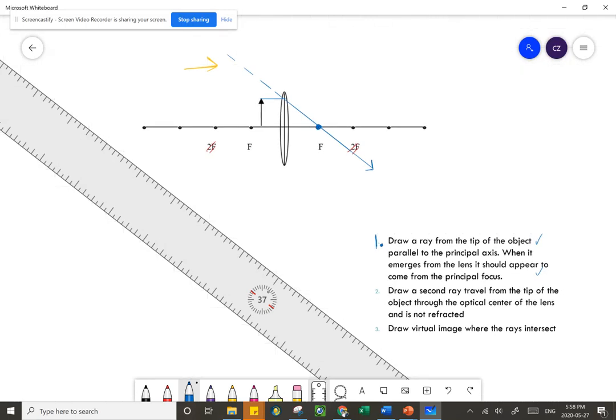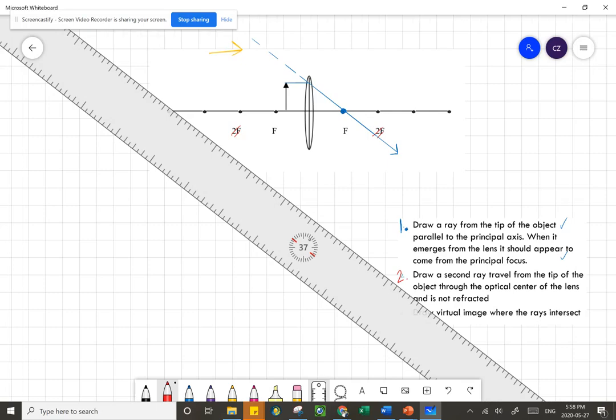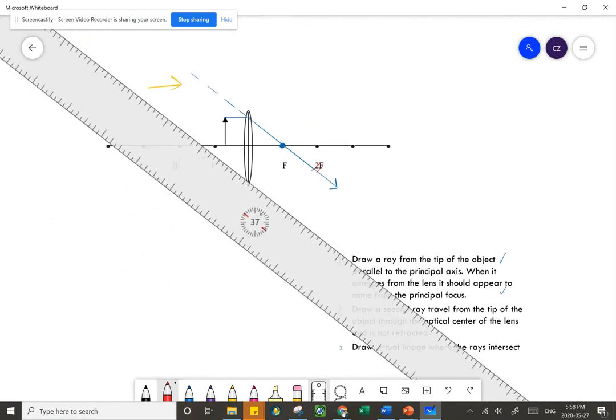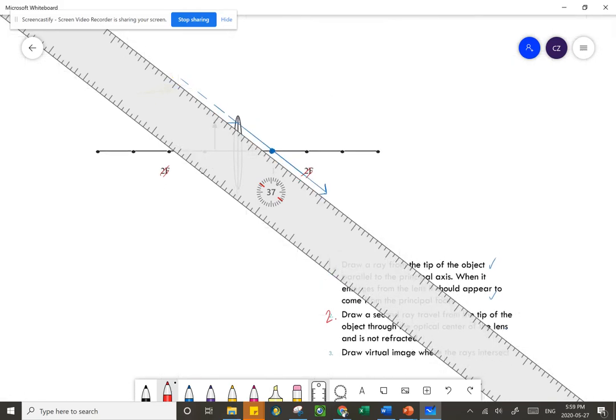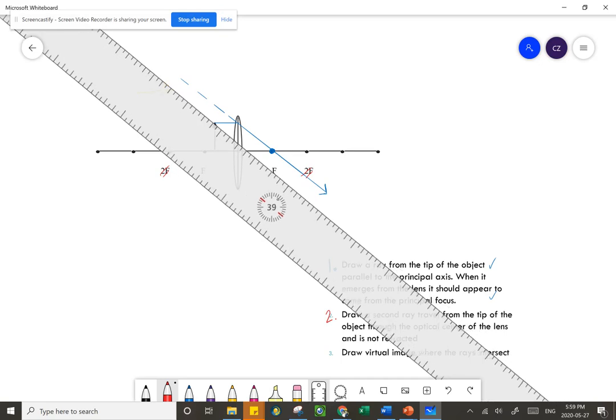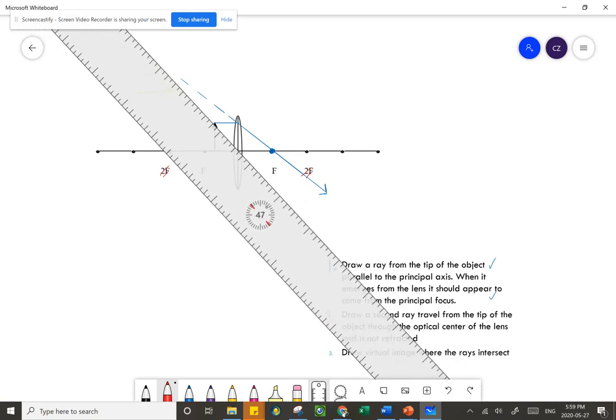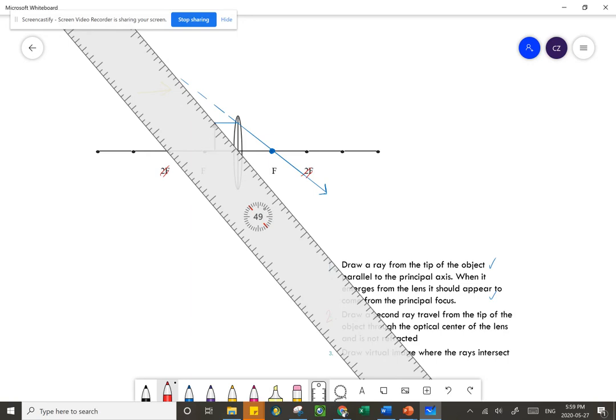Now our second ray of light, just like yesterday, is going to go right from the tip of the object through the optical center. Okay, so we're going to set up our ruler so it goes from the tip of the object right through the optical center.